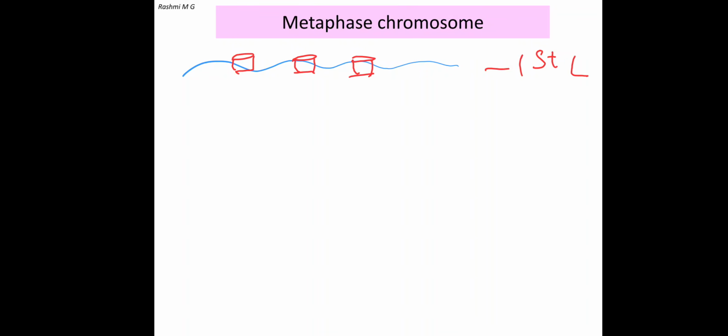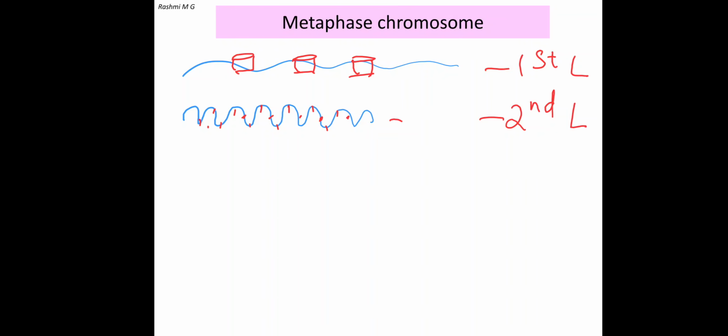The second level is where these beads on a string form a helical or solenoid model or a zigzag model, where the nucleosomes are found here and there and there is interaction between them.